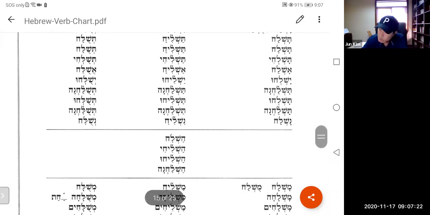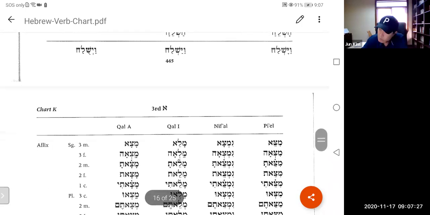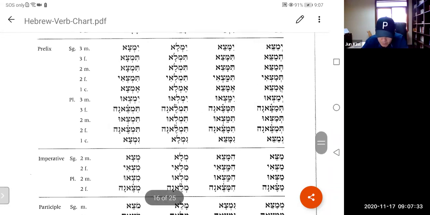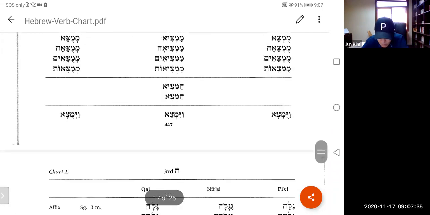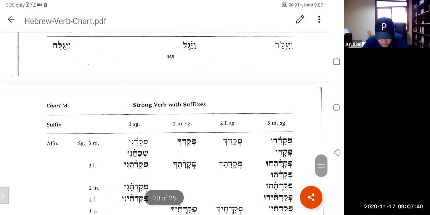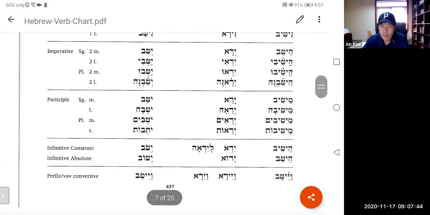Why? Because the preformative ho appears, and then the qamets imports all those important indicators. Third aleph is the same. Move on. Third hey, it's the same. Okay, that's it. So now, let's come back to the lesson again.